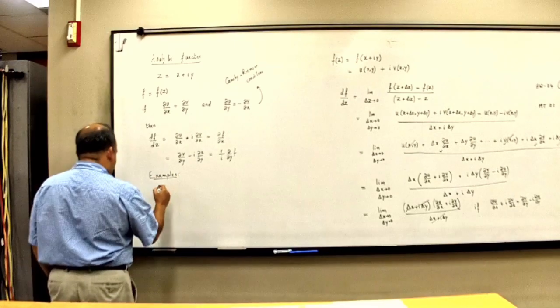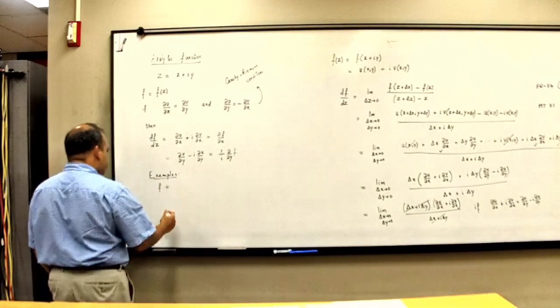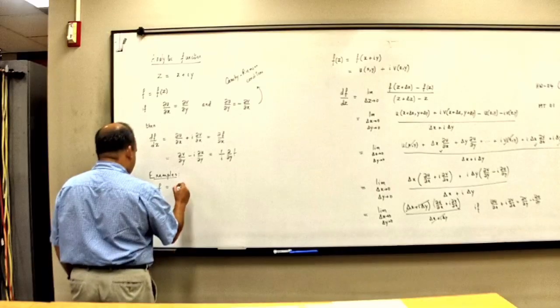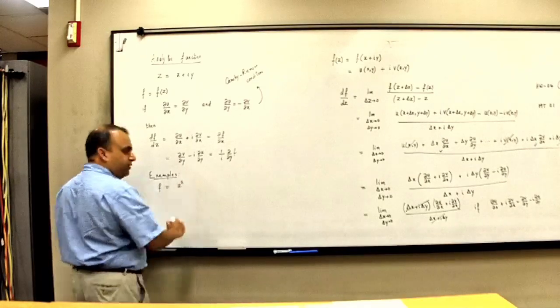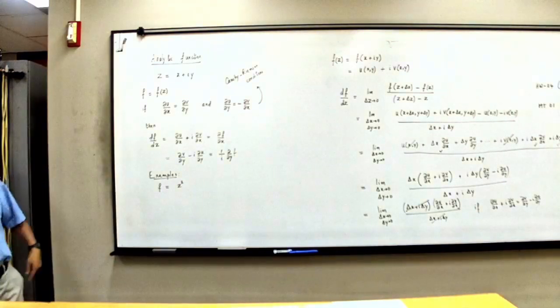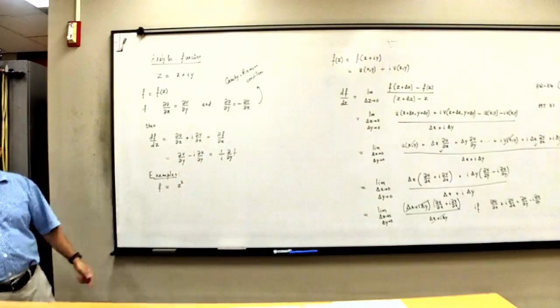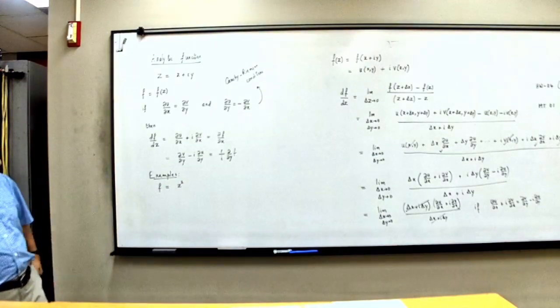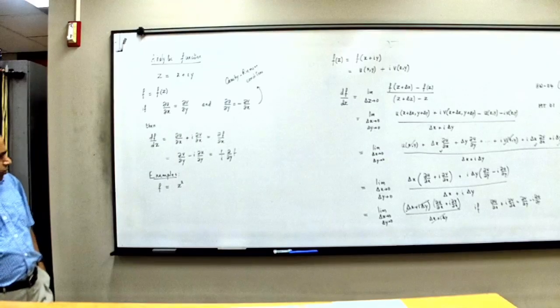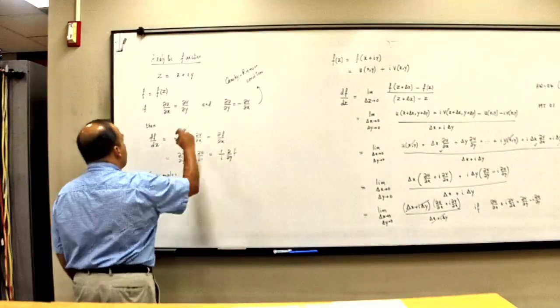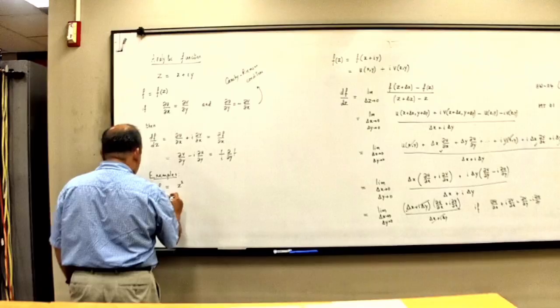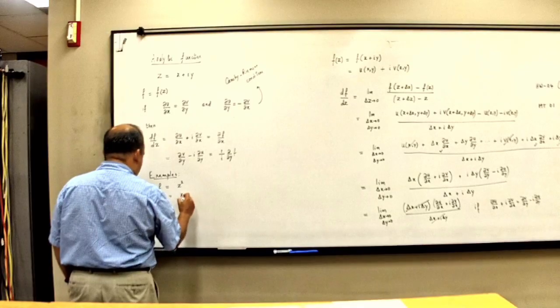Simplest will be f equal to, let's say, z squared. Z will be just x plus iy by itself, so that's too simple. One of the simplest would be f equal to z squared. What is u and v in this case? This will be x plus iy, the whole square.